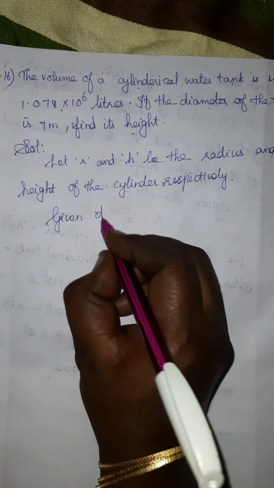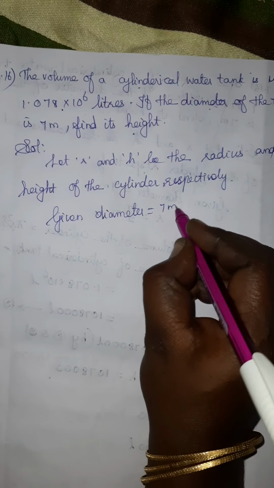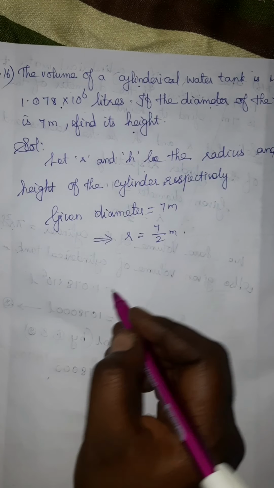Given diameter is equal to 7 meter, which implies radius is equal to 7 by 2 meter. That we know, it is a half value.